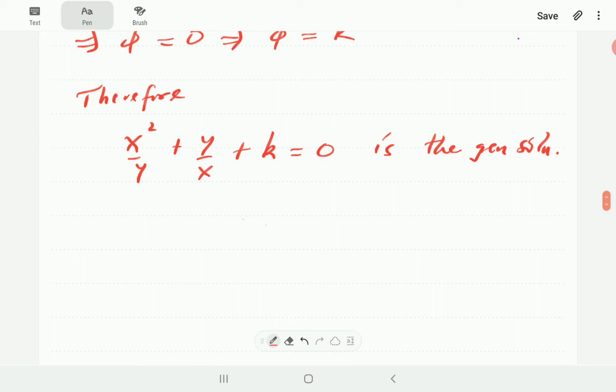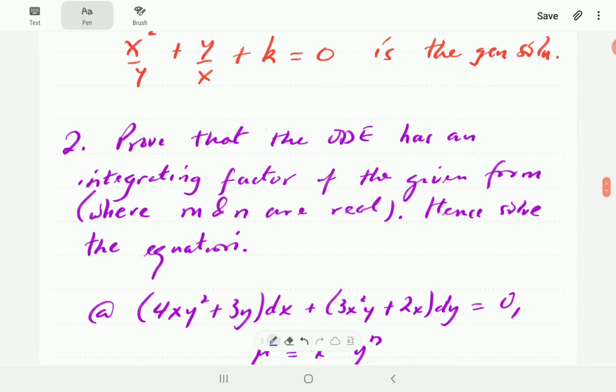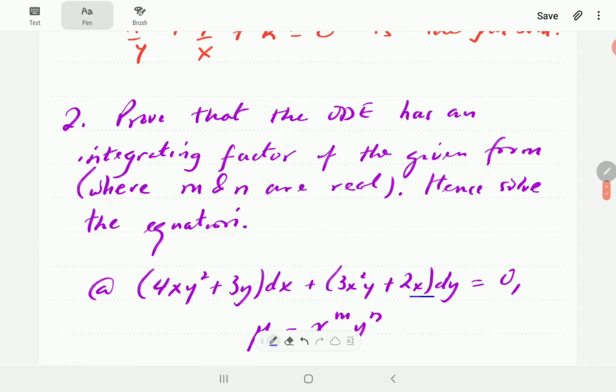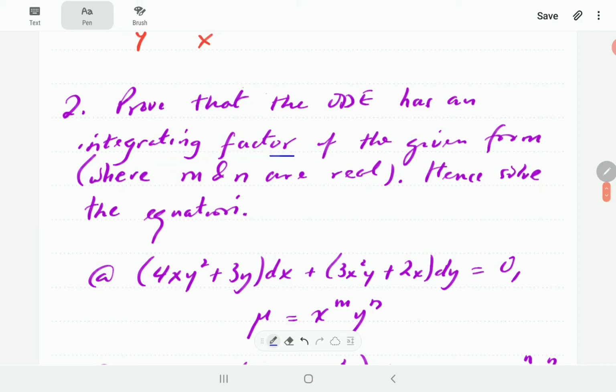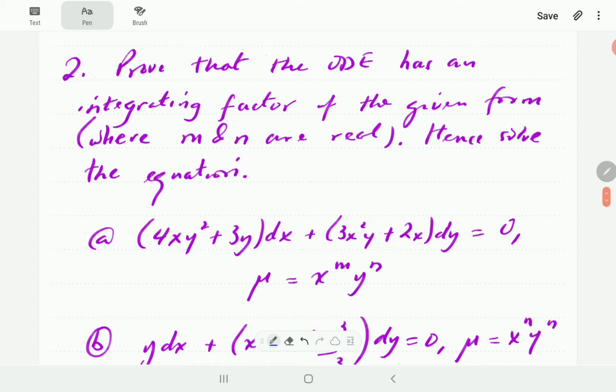All right, so that's the solution of that equation. So let's look at another example. All right, in this example, we are going to be given an ODE like this one, and then we are given an integrating factor, or at least its functional form, like here, x to the power m, y to the power n. m and n are real numbers, so we need to show that this ODE has an integrating factor of this form.